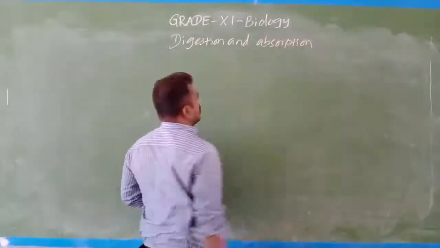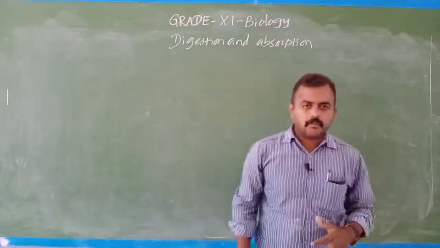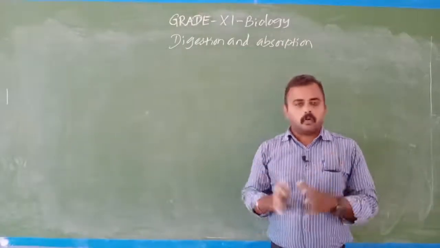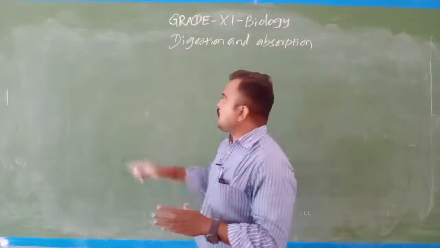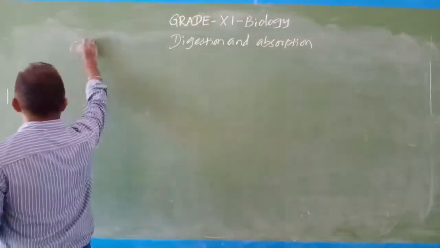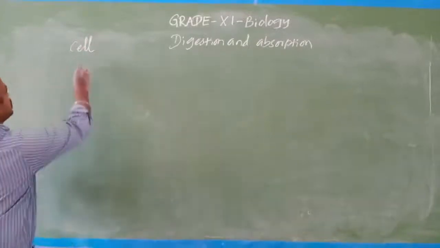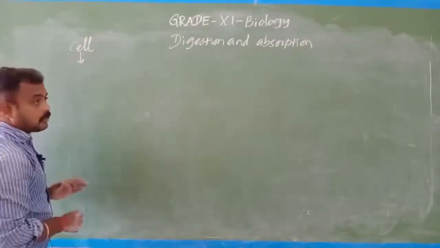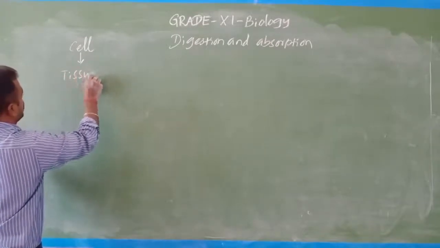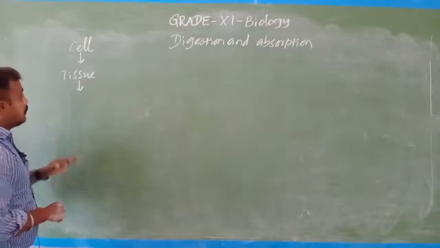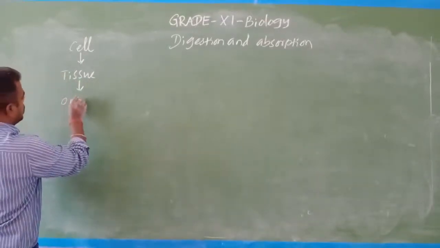Before entering the lesson, we know all living organisms are made up of cells. The cell is the fundamental unit. A group of cells formed together is called a tissue. A group of tissues forms an organ.